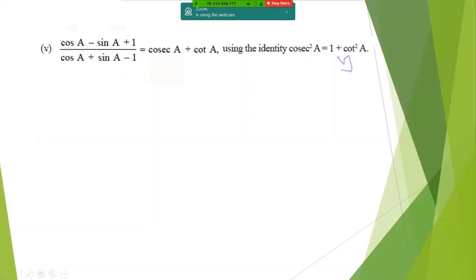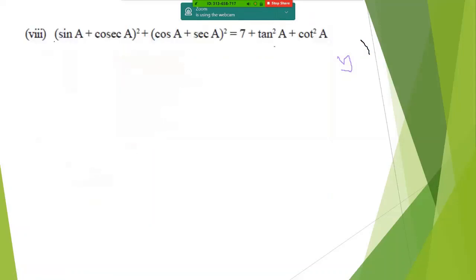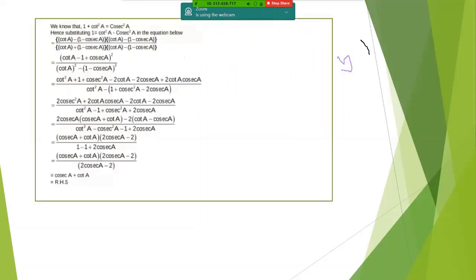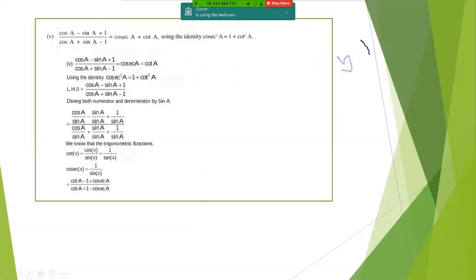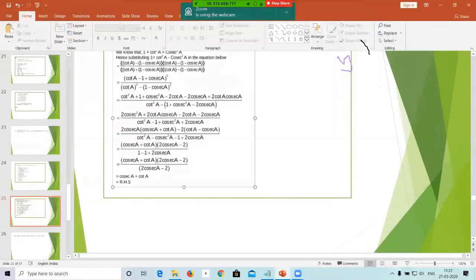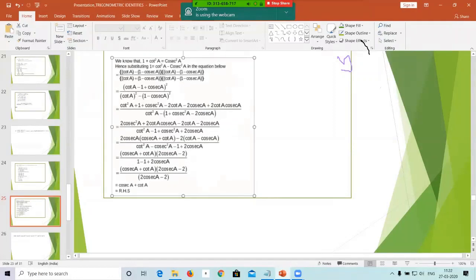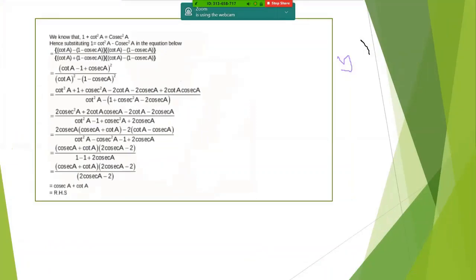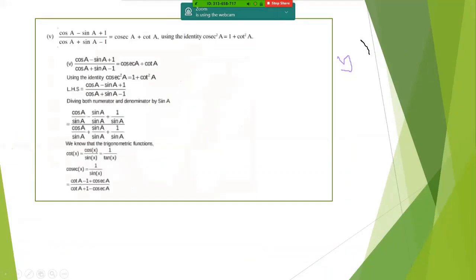Now here goes question number 5, the fifth part. Could we start with LHS, children?